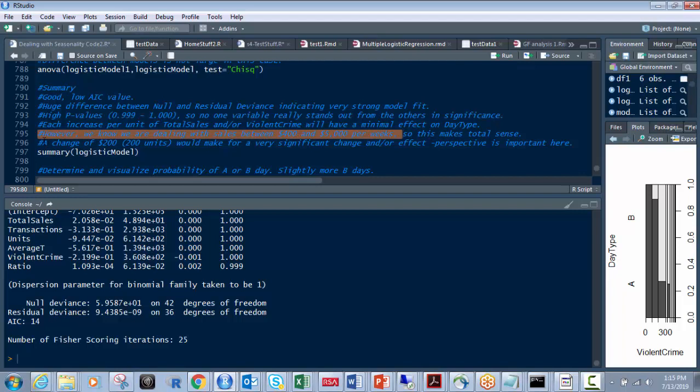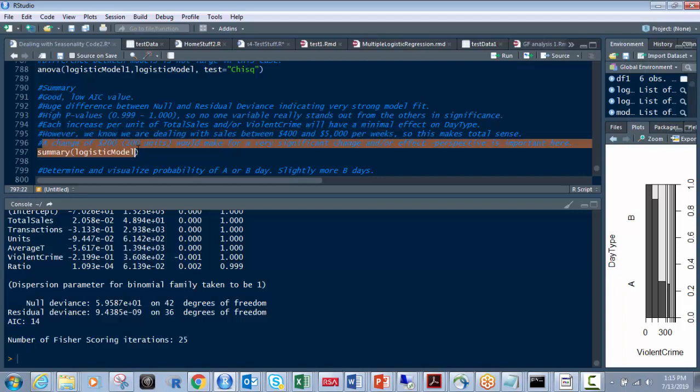A typical change that would have an effect would not be $1. A change of $200 or 200 units would make a significant impact, and that's why you have to keep in mind the numbers you're dealing with, and remember common sense and perspective. So total sales has a big impact with normal changes, like a $200 change, a $300 change, or uptick or downtick in sales.